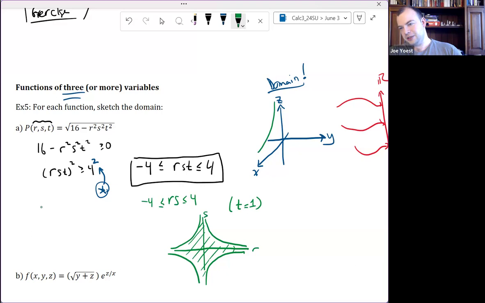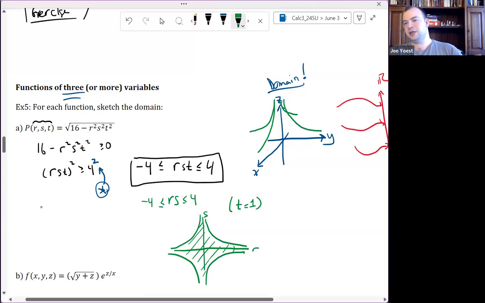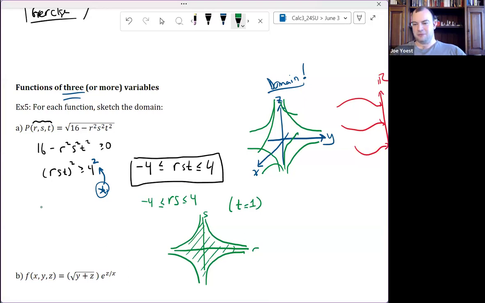It's going to be pretty hard for me to draw it in a way that I think is convincing, but I'm going to have what basically looks like a star shape where I have a point of the star going in the direction of each of the positive and negative axes. So if you imagine this thing, but going up and down, left and right, but also forwards and backwards.